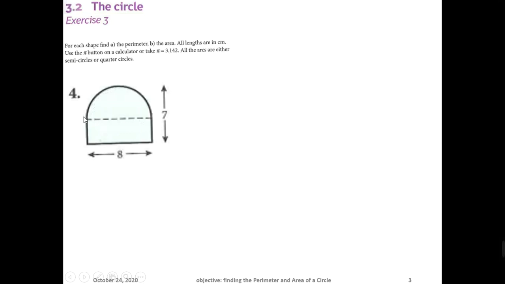So the distance from the center to any point on this arc is 4 centimeters, which leaves the height of this rectangle as 3 centimeters. So if you start here and go down 3, plus go left 8, plus go up 3, plus the length of the arc, which we are going to calculate right now.